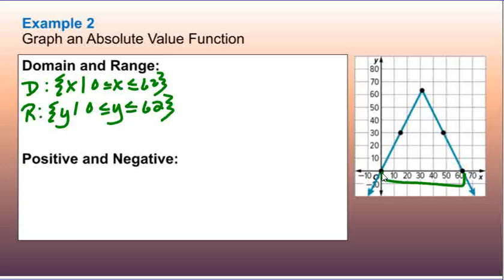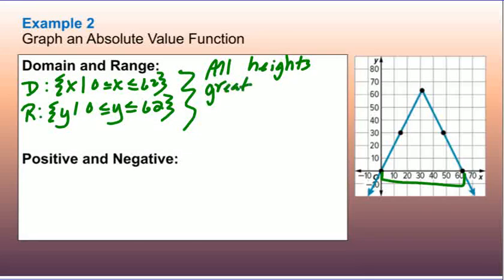So this would just be all heights greater than 0, but less than 62.